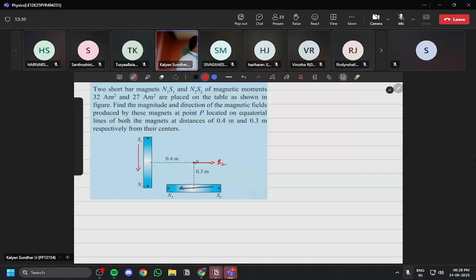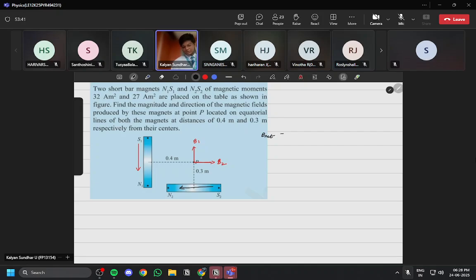So if the dipole is in this direction, the magnetic field will be in the opposite direction, so let it be B1. Now we have to find the net resultant of both. So B net will be equal to the square root of B1 square plus B2 square plus 2 B1 B2 cos theta. Theta is already 90 degrees.